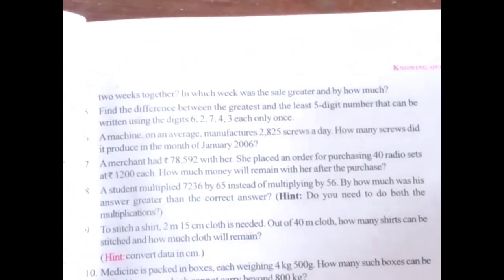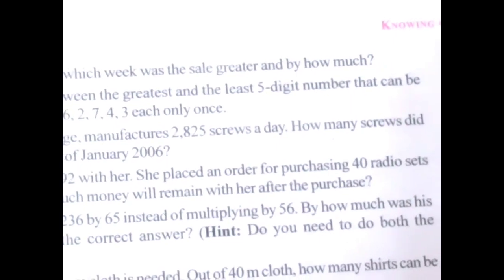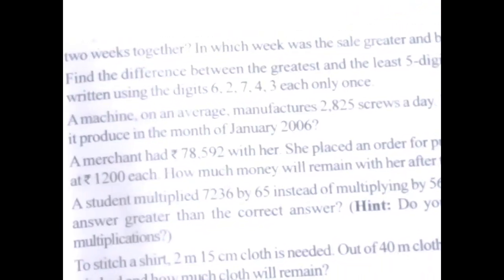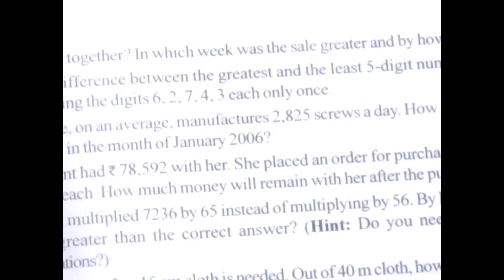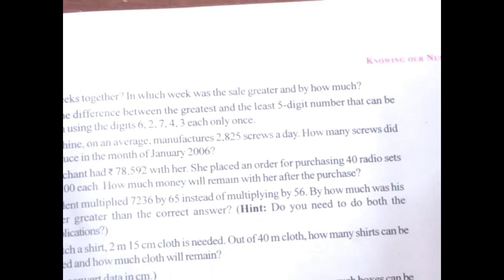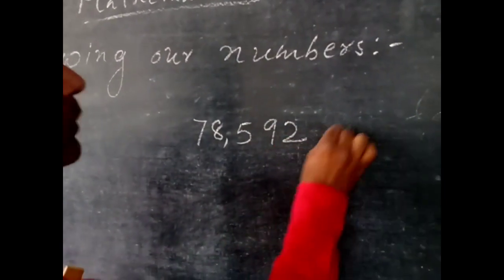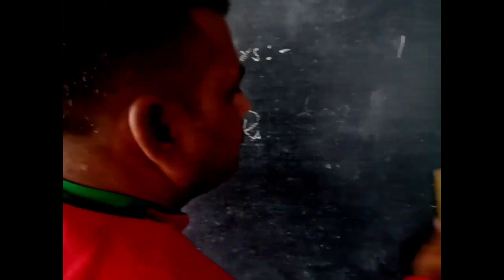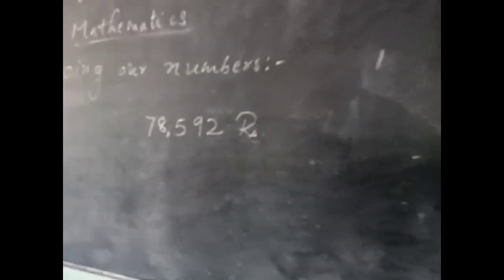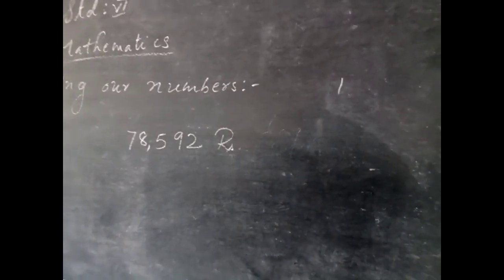Now next, 7th. A merchant had rupees 78,592 with her. She placed an order for purchasing 40 radio sets at rupees 1,200 each. How much money will remain with her after the purchase? How many rupees did the merchant have? 78,592 rupees, the amount the merchant has. Then she placed an order for purchasing 40 radio sets.